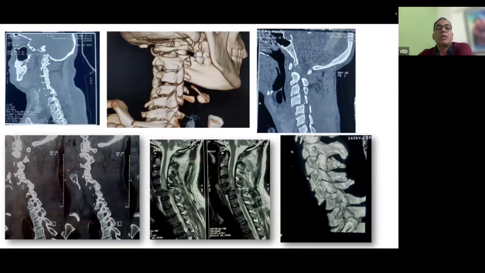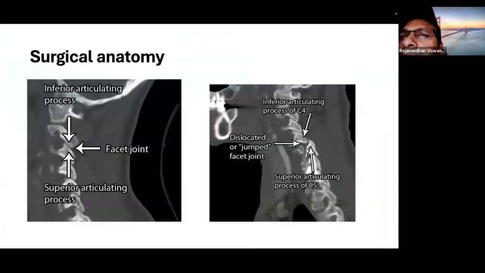This is a challenging situation where we can see that the lateral facets are perched and one is totally exposed. This is a situation where a significant hyperextension injury is there, with significant cord compression and almost transection of the cord in the MRI. We can see in the T2 weighted MRI there is locking of the C4, C5 lateral mass.